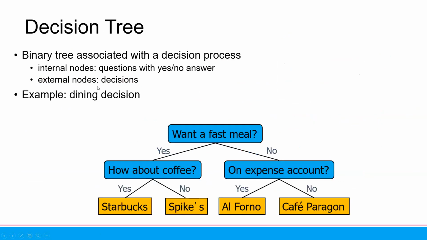We can have the decision tree. So it is a binary tree associated with a decision process. If you learn about machine learning, you will know that the decision tree is a kind of decision where the internal nodes are questions or conditions. If we have a question with yes or no, then let's say you want to have a fast meal.